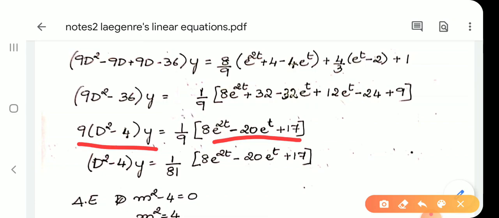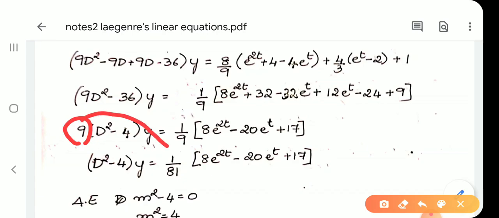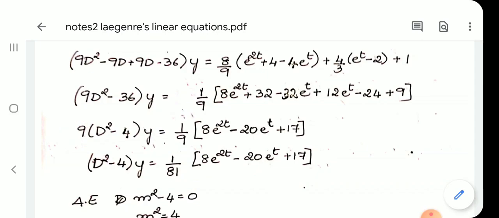Adding and subtracting the like terms, you get 1/9 (8e^(2t) − 20e^t + 17). Taking the 9 from the left hand side to the right, it goes to the denominator, so (D² − 4)y = 1/81 (8e^(2t) − 20e^t + 17).